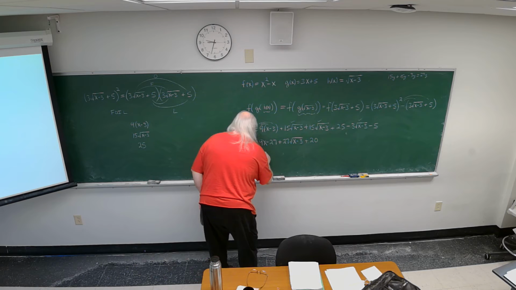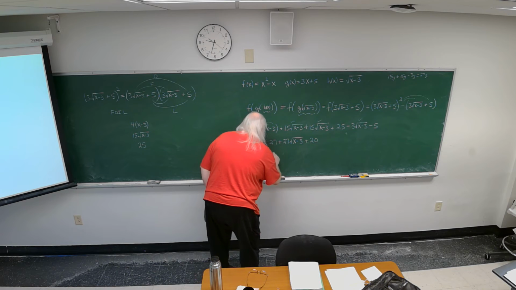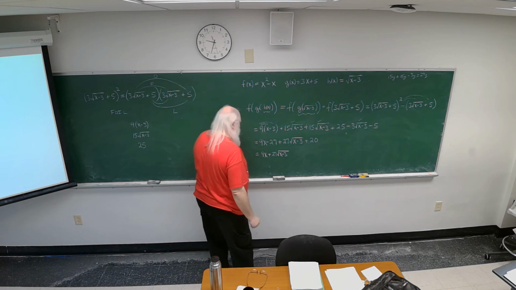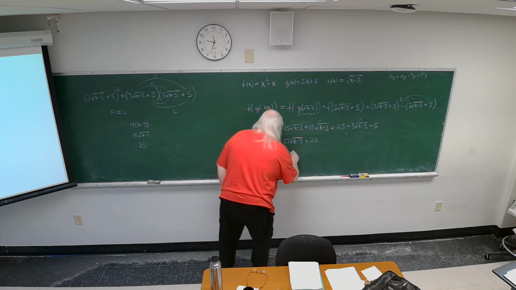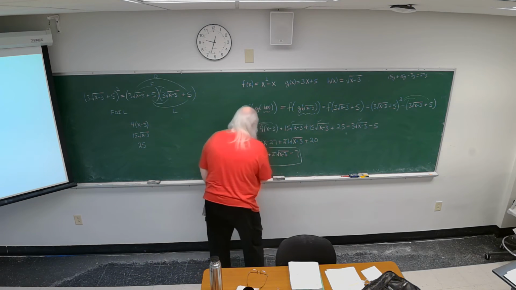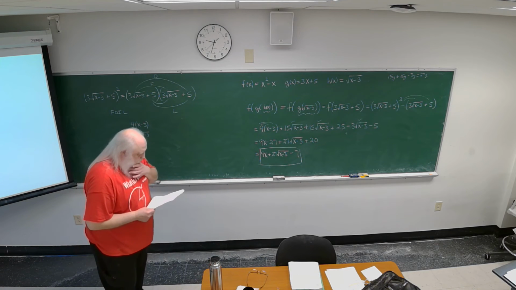So we have 9x plus 27 times the square root of x minus 3 minus 7. You can't simplify that any further.